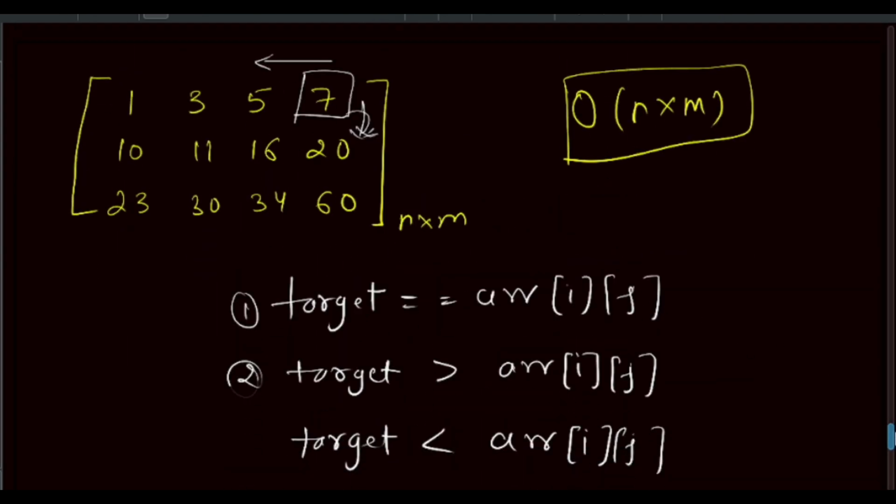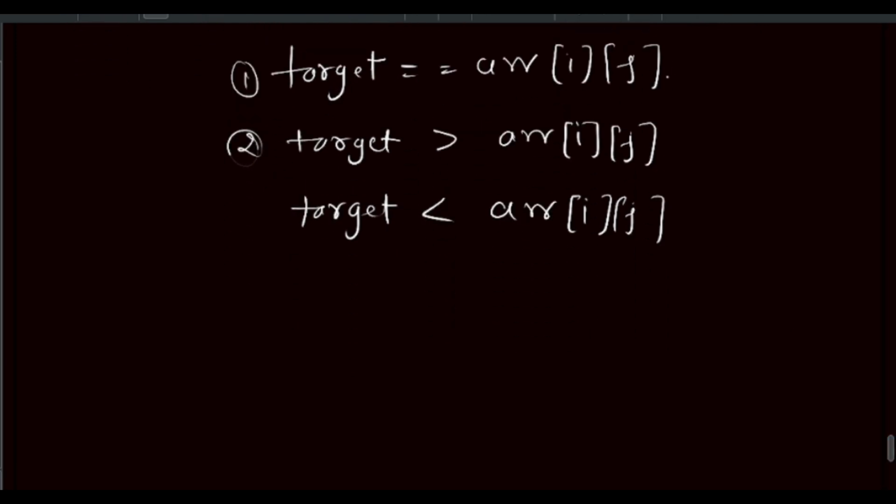So what I'm going to do, if I have found the solution in the first case, I'm just going to return true here. And in this case, I'm going to move down. So I'll do row plus plus. And in this case, I want to move left. So I'll do column minus minus.